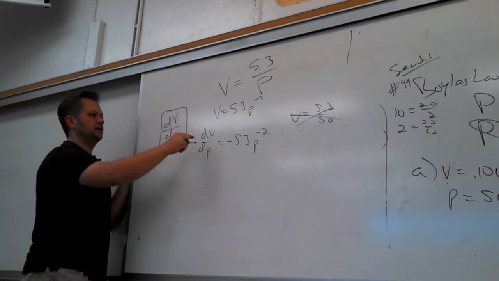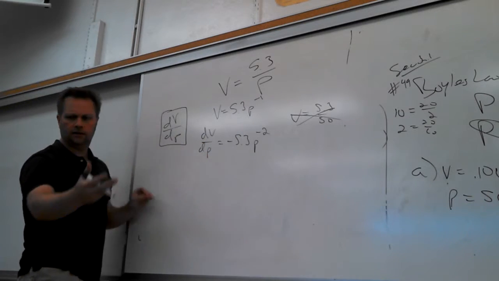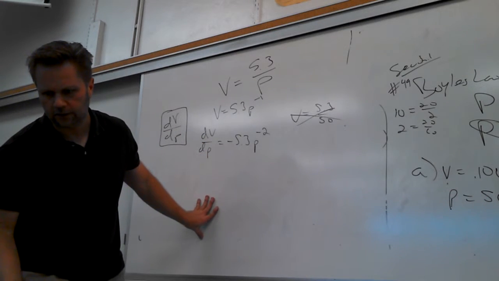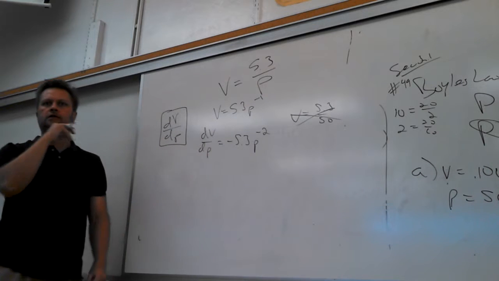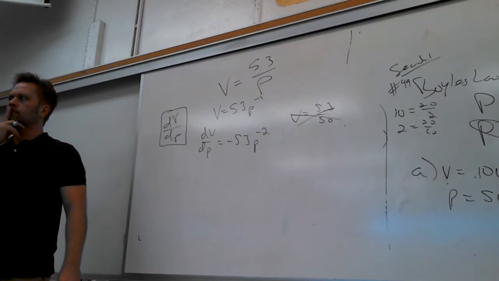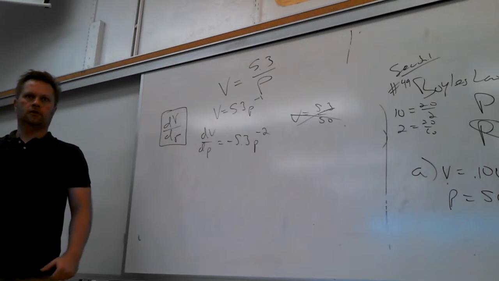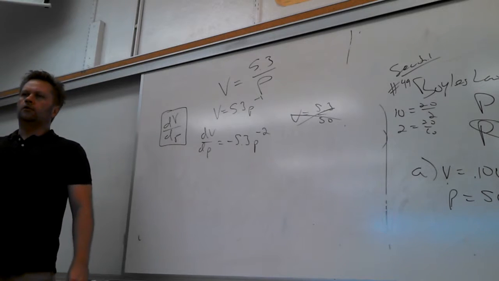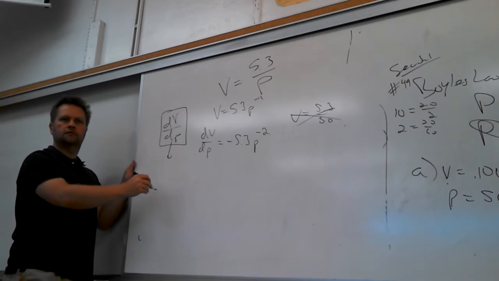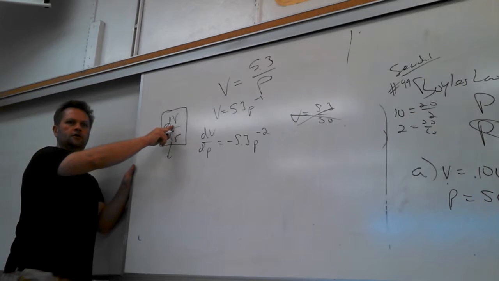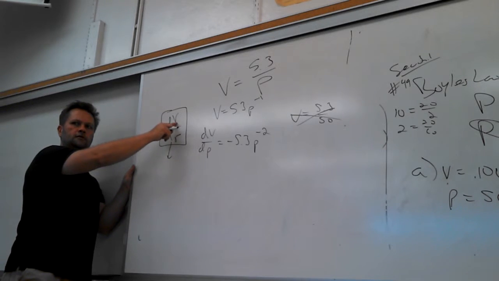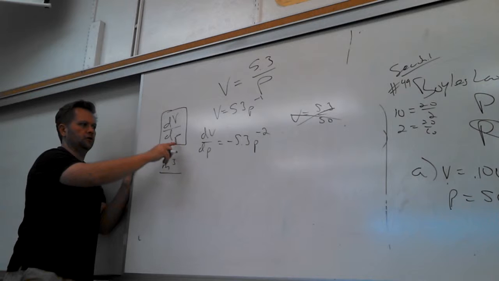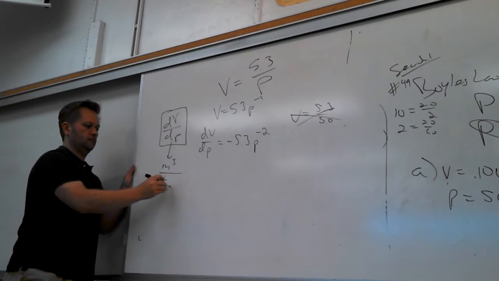So now they say find dV/dP when P is 50. So now you just got to plug a 50 in for P and see what it is, and then interpret what it is. What units is this in? Cubic meters per kilopascal.